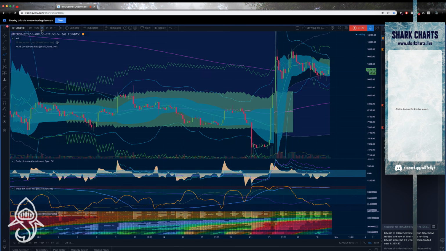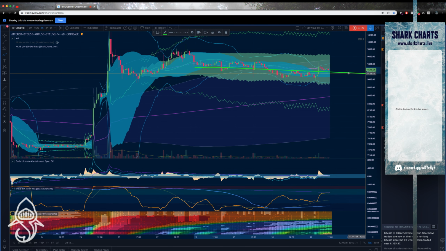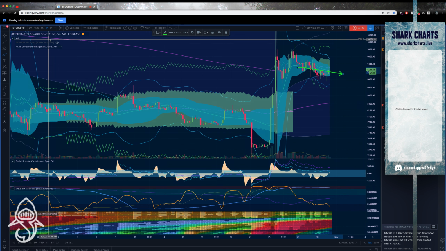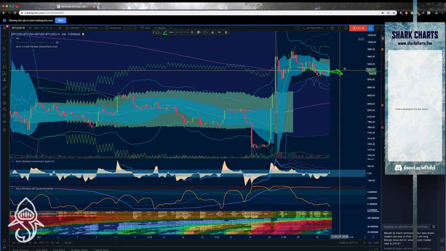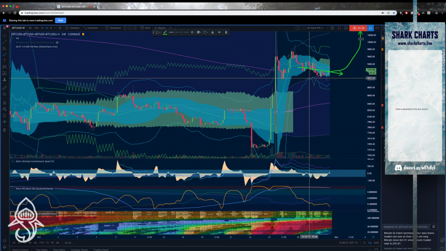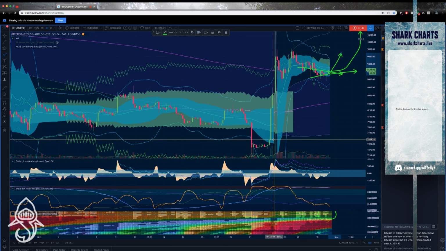If on the 1-hour chart we do manage to stay in this compression range, and the mean reversion condition evaporates by the volatility overhead working its way up to the lock period, that would mean we could viably trend upward off of this 1.25 standard deviation on the 4-hour chart, because volatility overhead here on the 4-hour chart is evaporated, and upward moves from that area would end up being quite bullish for Bitcoin.